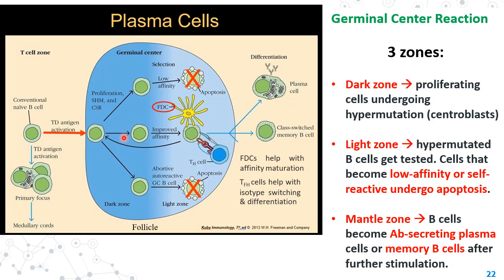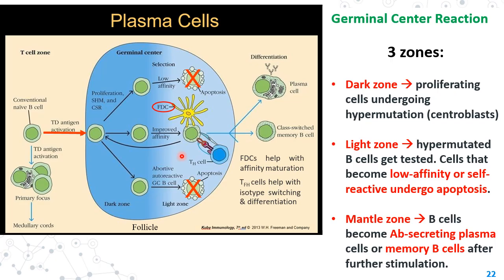All that hypermutation happening at the B cell receptor is happening in the dark zone. How can you remember that? Replication, cell division, or proliferation of the B cell is the kind of thing that B cells like to do in the dark. You can imagine those B cells just creating babies of themselves, and usually it is in the dark, if that helps as an association.